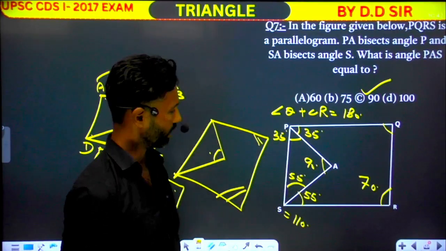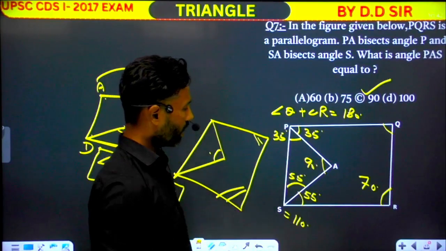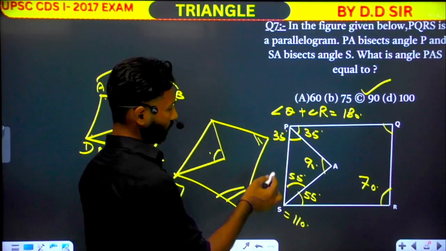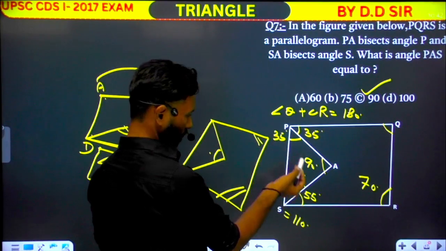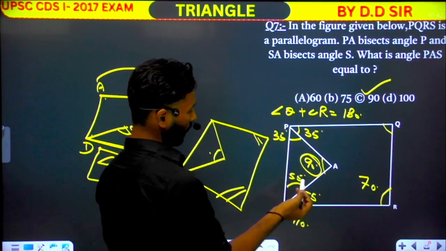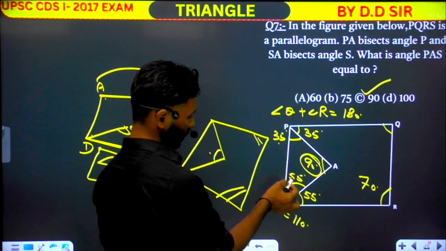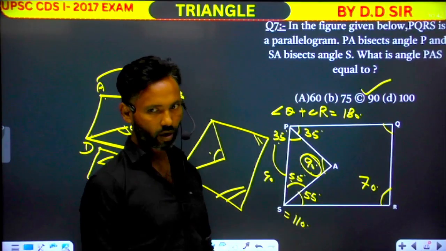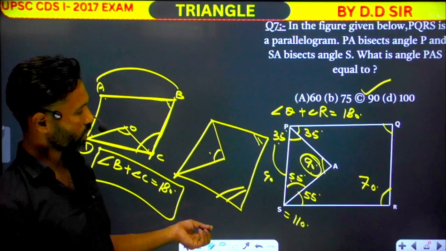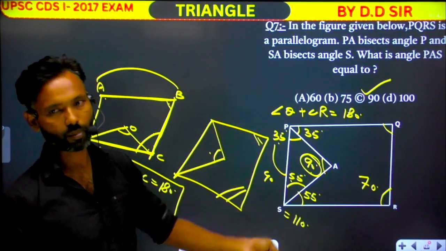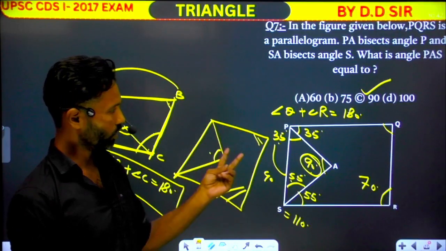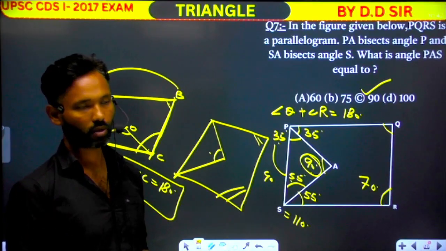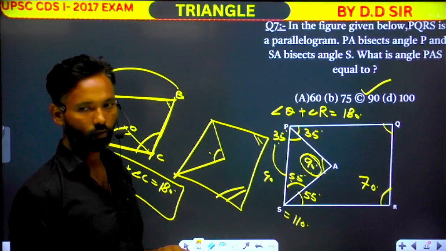In it, one angle is 35 and the other is 55, and the sum of these two is 90, so angle A is again 90. I explained this question in the same manner, but we used two different approaches over here.